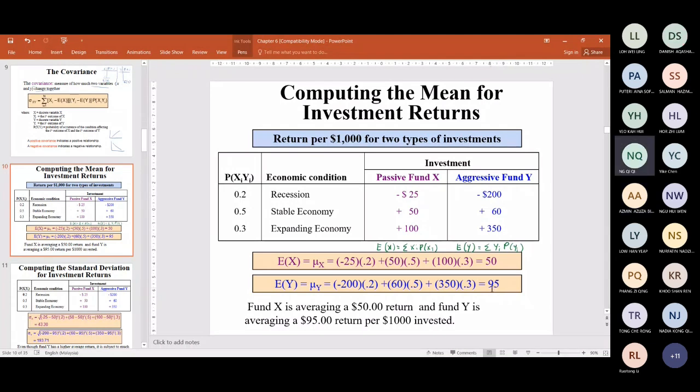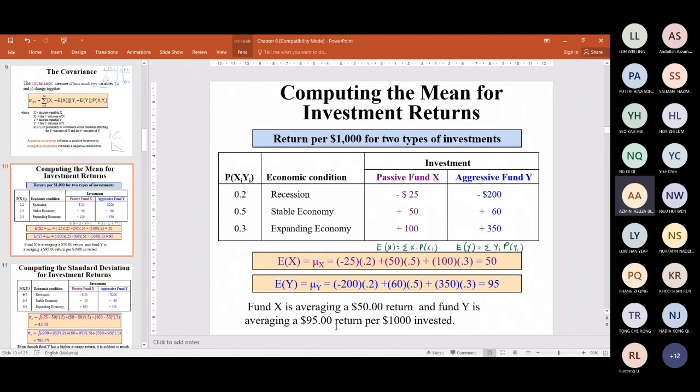Because more money, the return is higher. Investment Y gives you almost double the return per $1,000 invested.